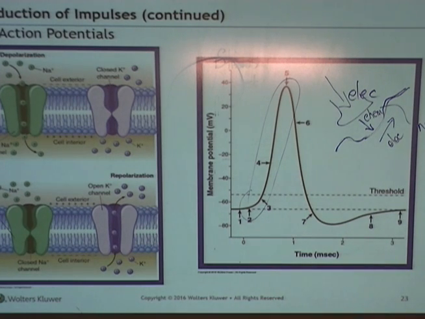So sometimes we have inhibitory neurotransmitters as well, that when they come across, they block this, and then the next part of the signal can't occur.